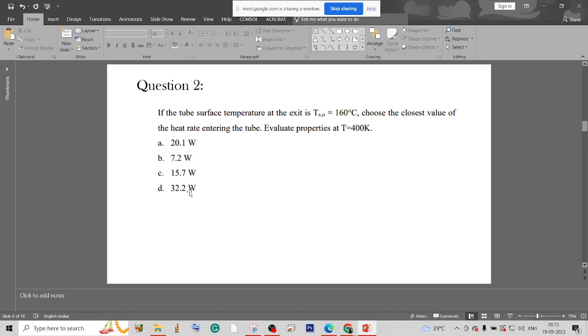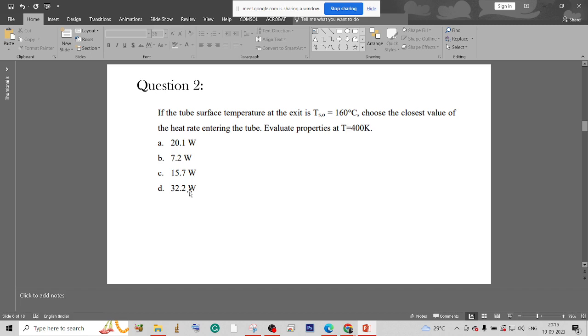In terms of flux, from Newton's law of cooling, we know that it is h times (T_s minus T_m), the surface temperature of the pipe minus the mean fluid temperature, because this is the direction in which heat transfer will take place.